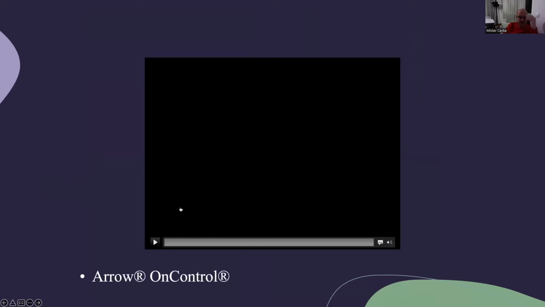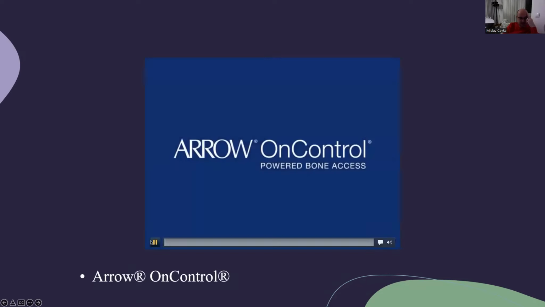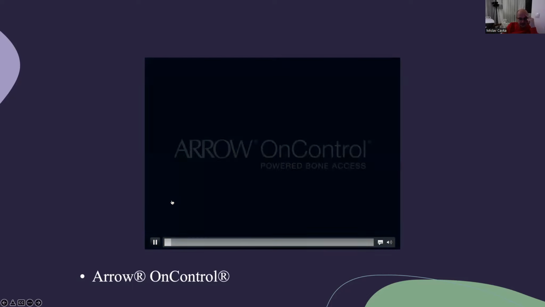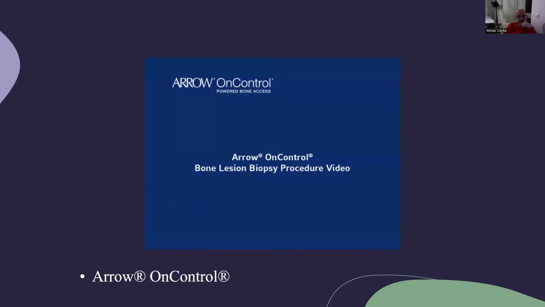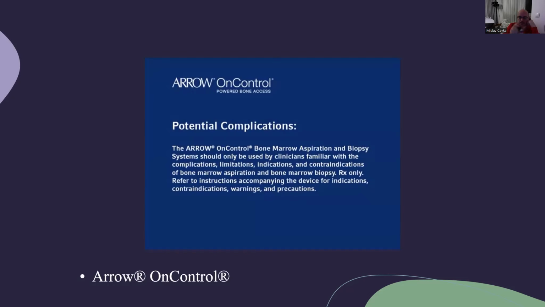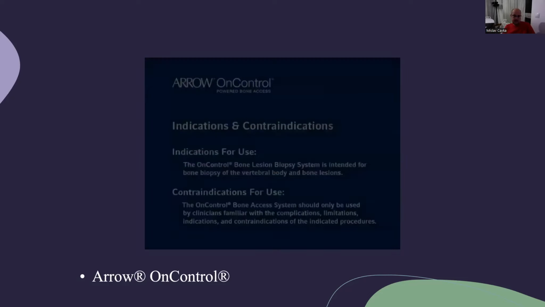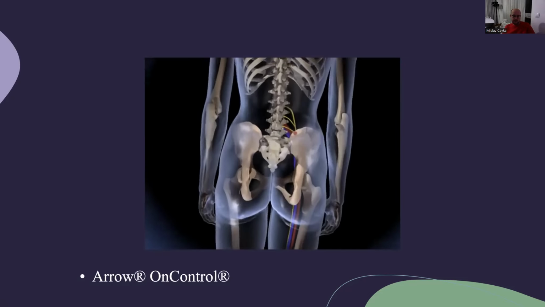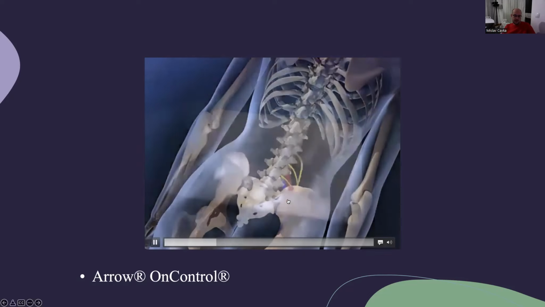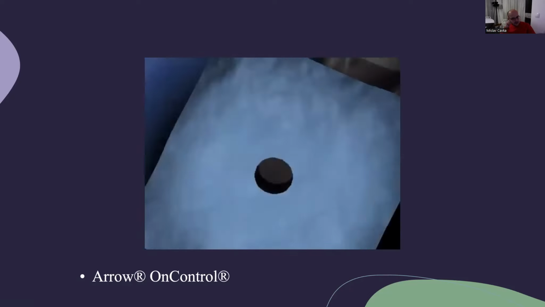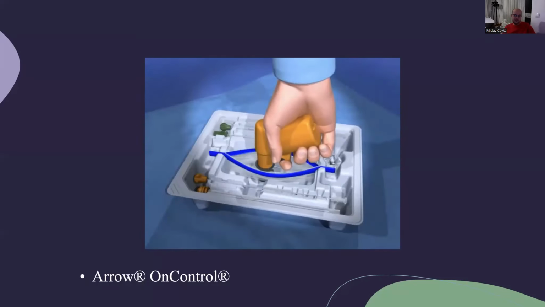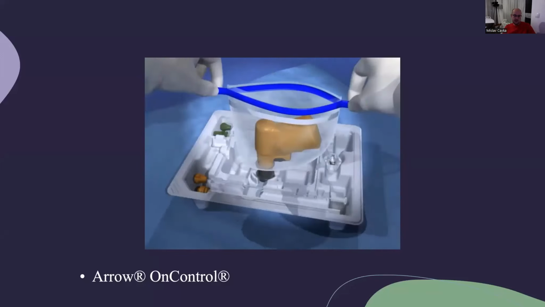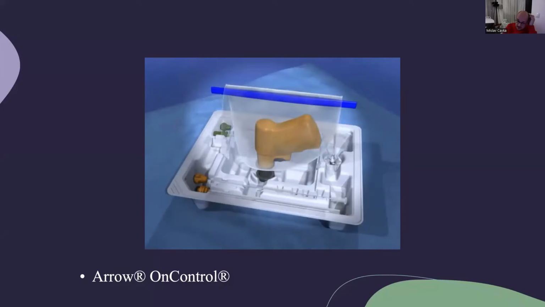Another thing, similar to what we have talked about, is biopsies. So I will show you a clinical image of how a bone lesion biopsy is done. When we identify the place of the lesion, we take this kit, which is called Arrow Control, and we insert a coaxial needle, which is a guidance.